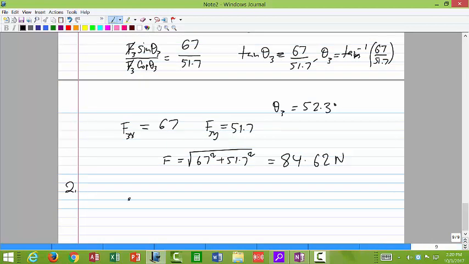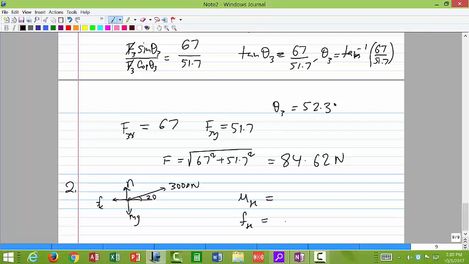So this is what we had. This is 3,000 newtons at 20 degrees. This is mg, that's N, and this is Fk. Okay, so what do you have for mu k, and what do you have for Fk?